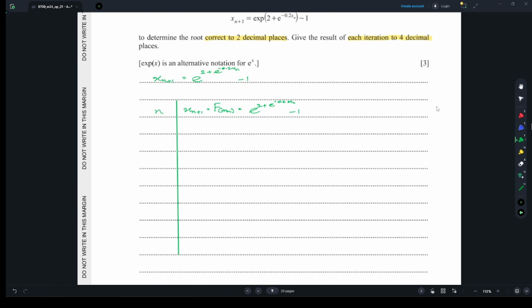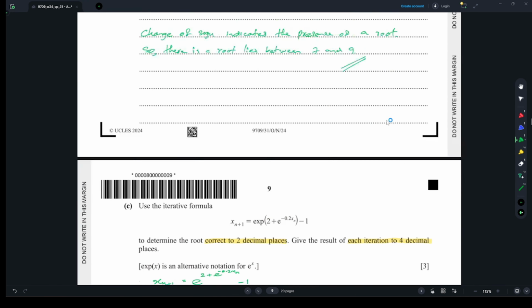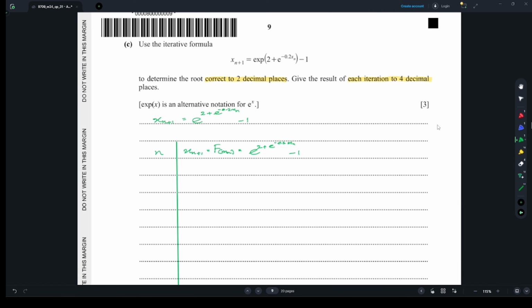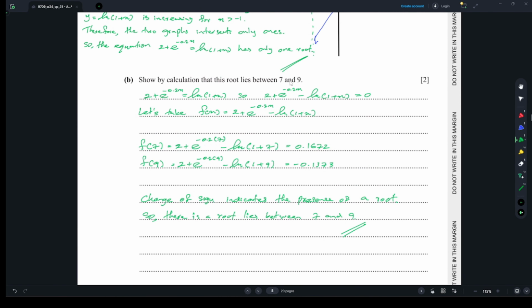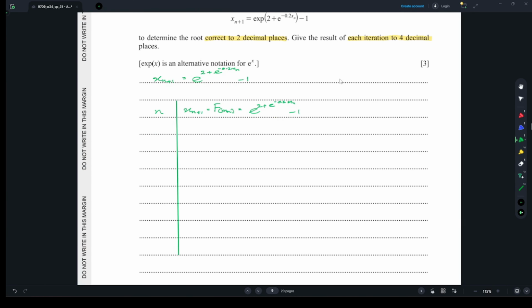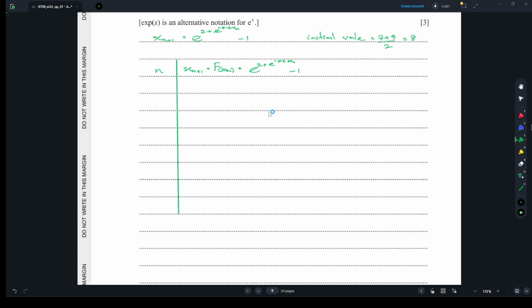Right. So how can we start applying the equation? So in general, what I'm doing is taking the average of these two values. So the initial value I'm taking is 7 plus 9 divided by 2, which is 16 divided by 2. So it's 8. So first I substitute 8.